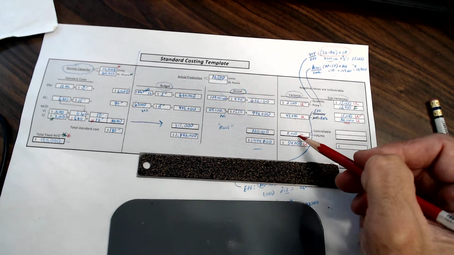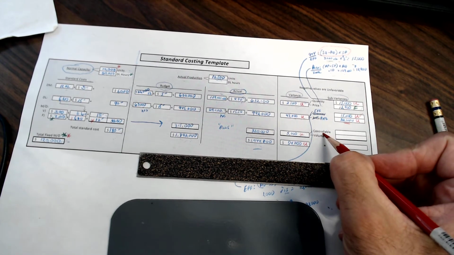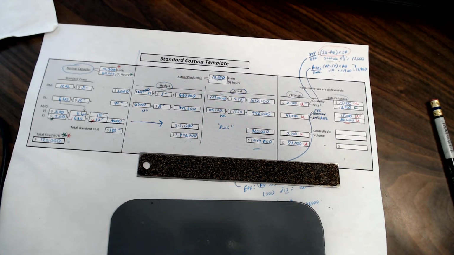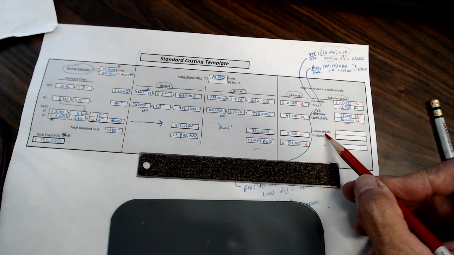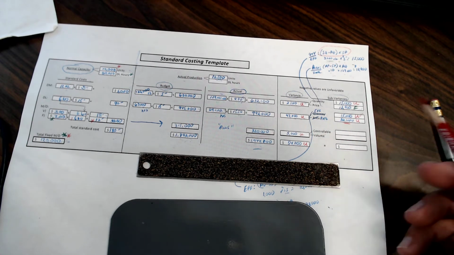Why did it cost $5,000 more? Well, this variance can be broken up into what's called a controllable or spending variance. The text calls it a controllable variance, and a volume variance.